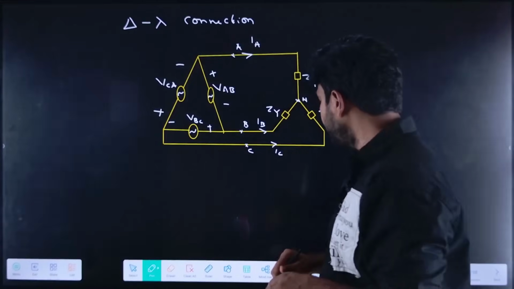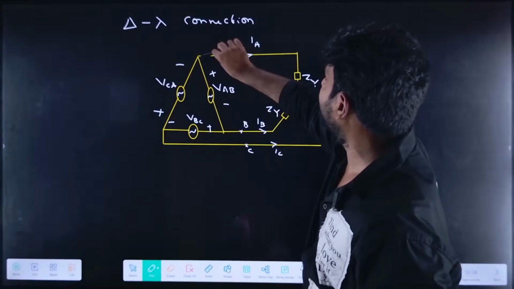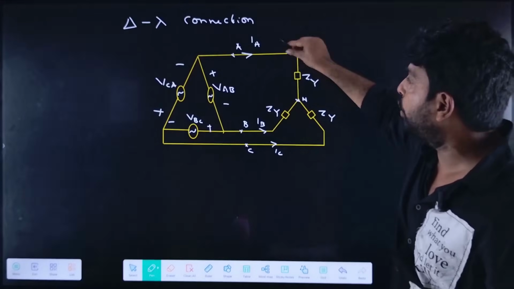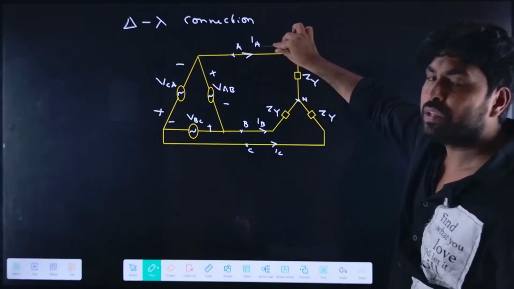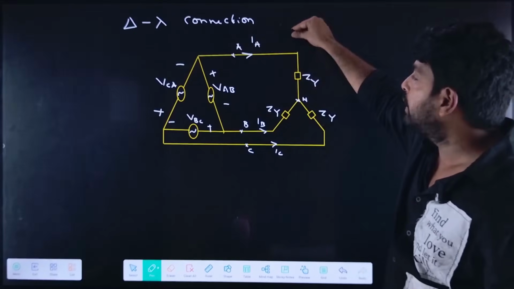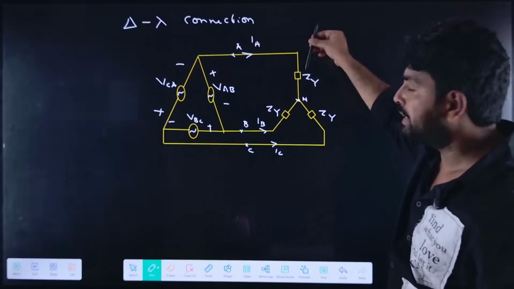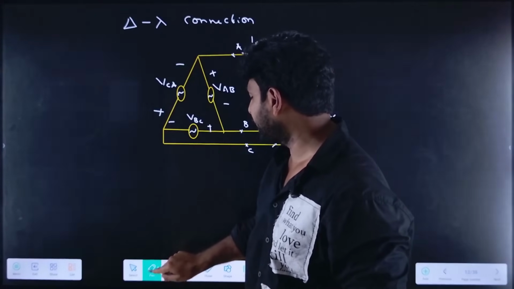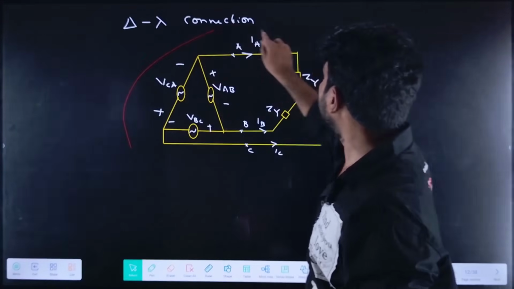If you observe, the line current is the phase current: in the case of a star connected load, the line current from the delta connected source is equal to the phase current of the star connected load.